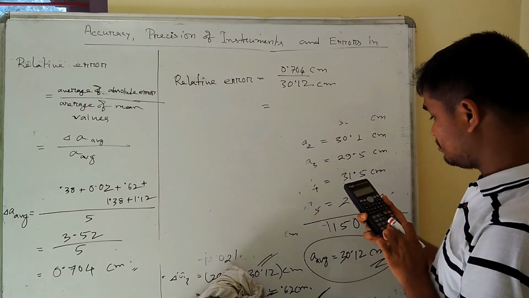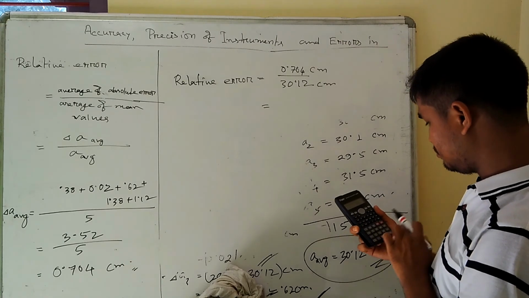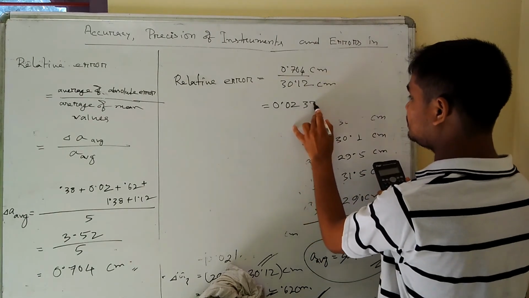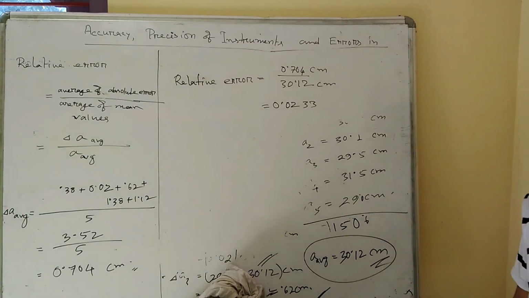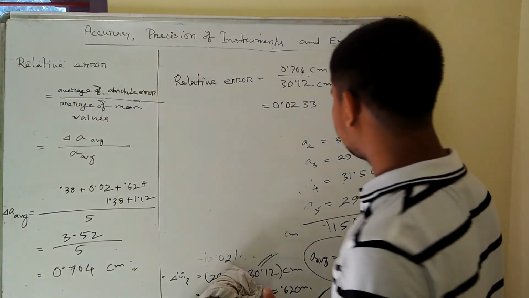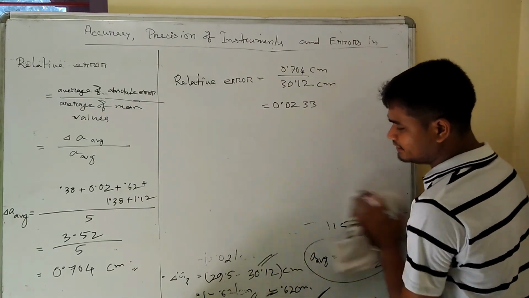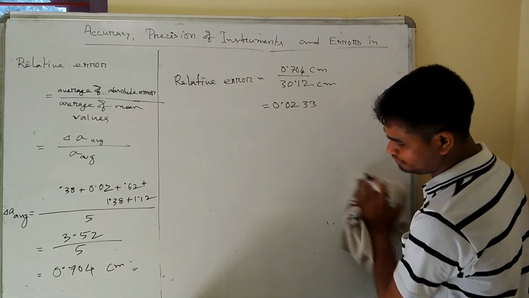So 0.0233 is the relative error in this case. Okay, clear?